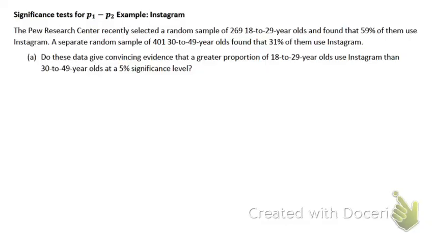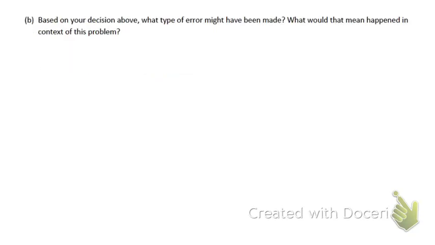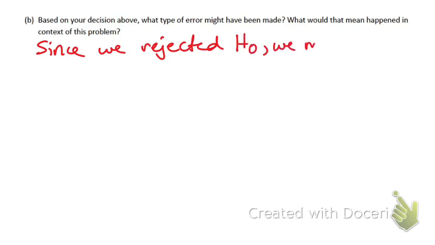Type 1. It's like, can you give us more room on these? I need a whole page. I write too big. I'm sorry. My conclusion's always very smushed. Since we rejected the null hypothesis, we may have made a type 1 error.